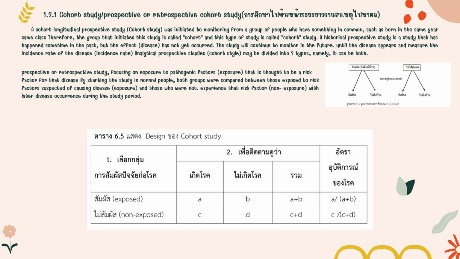Analytical cohort studies may be divided into 2 types, namely prospective or retrospective studies, focusing on exposure to a pathogenic factor that is considered to be a risk factor for that disease.